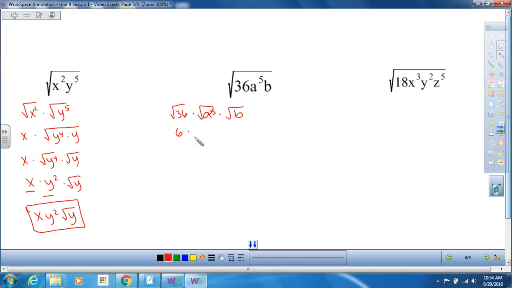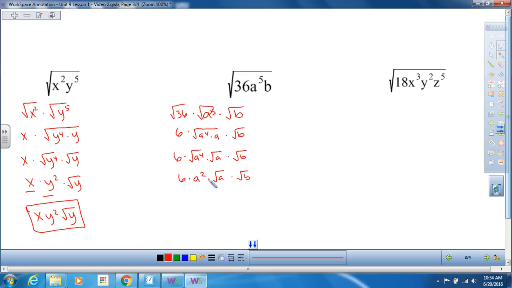A to the 5th, so I can write that as the square root of a to the 4th times a. And then square root of b, really nothing I can do. That's just going to say square root of b. So separate square root of a to the 4th and a. Remember the square root of a to the 4th is a squared. And then I have just that a left over inside.